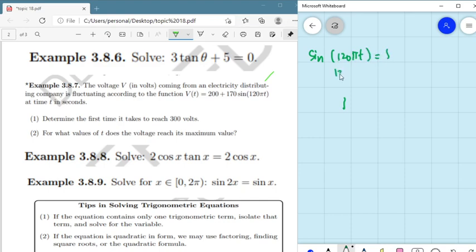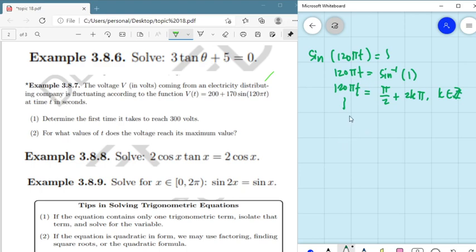So 120 pi t equals the inverse function of sine of 1. And where is the value of theta whose sine is 1? It's at pi over 2, right? So it will be the same as 120 pi t is equal to pi over 2 plus 2k pi, wherein k is an element of the integers.